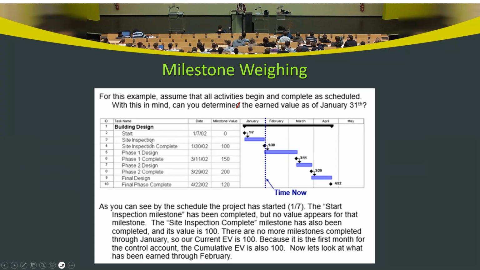The site inspection starts here. So site inspection completes by end of January. And we are looking at the status at end of January.